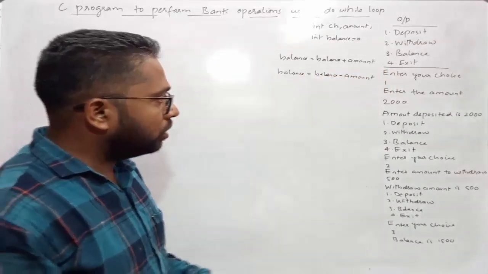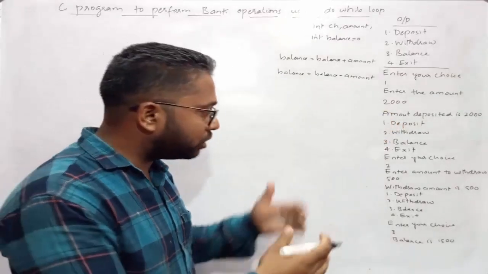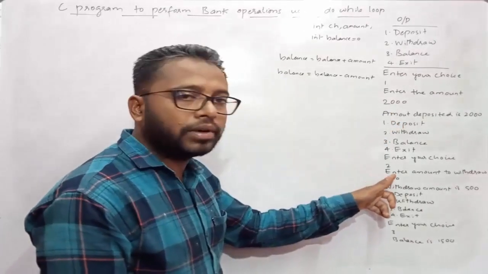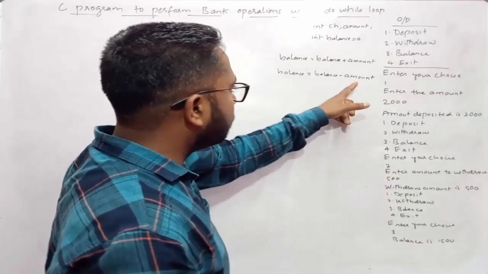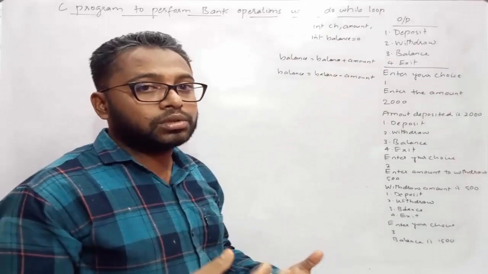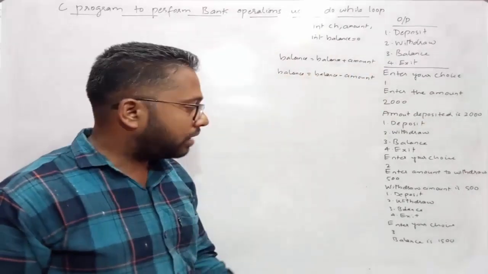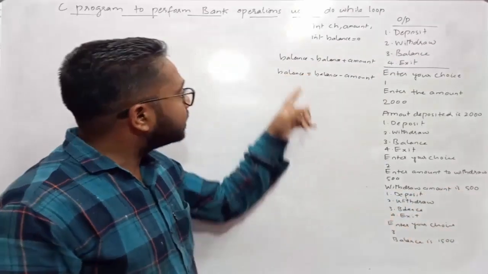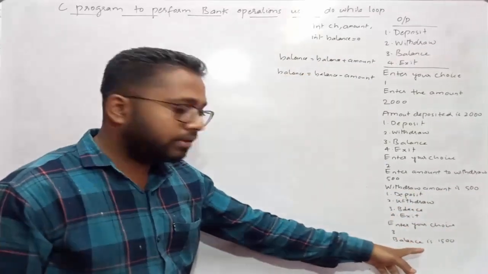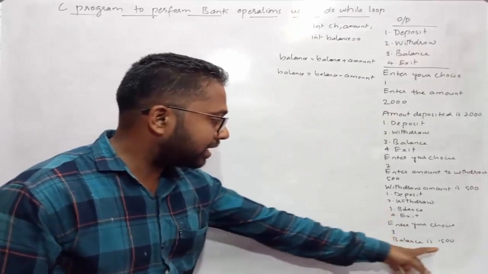Now you know that the balance variable holds the value 2000, and when it comes to withdraw, the user wants to withdraw 500, so this 500 will be stored inside the amount, and the balance value we already know, that is 2000. 2000 minus 500, and we will get 1500 stored inside the balance. And we can see that balance just by entering 3 as an option to check the balance.